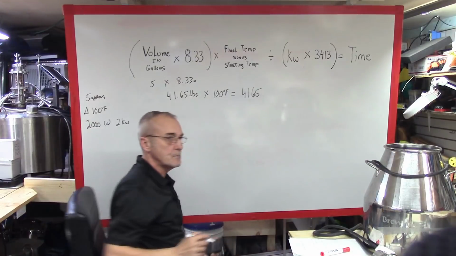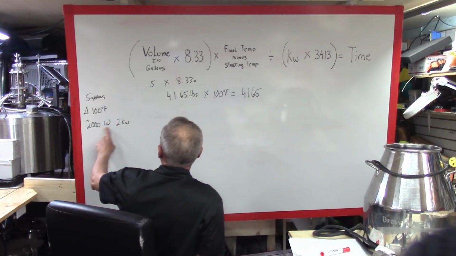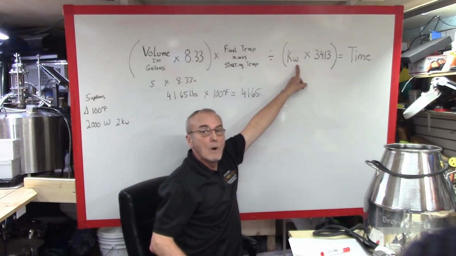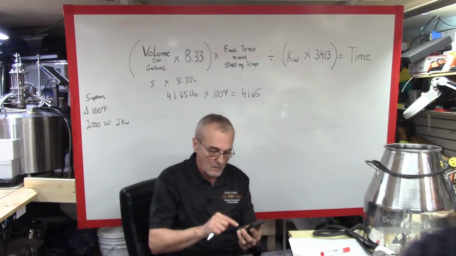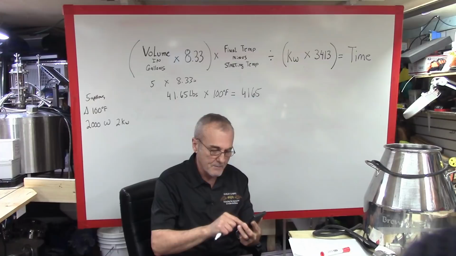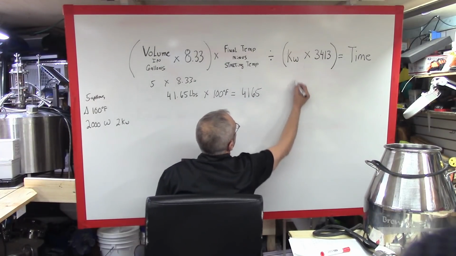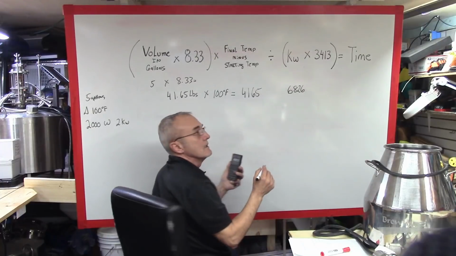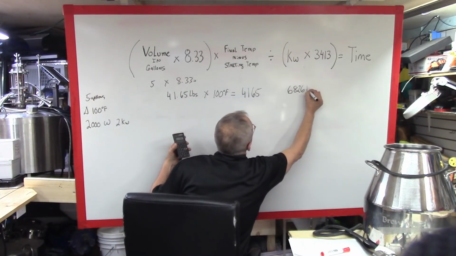Now we have a 2,000 watt, better known as a 2 kilowatt element. 2 kilowatts times 3413 equals 6,826 BTUs.